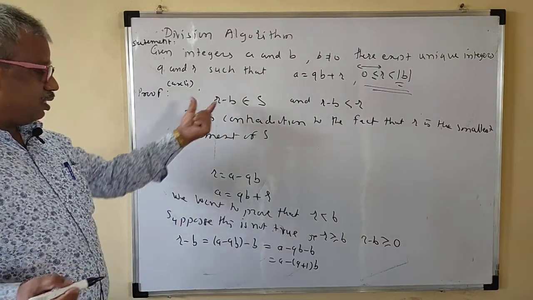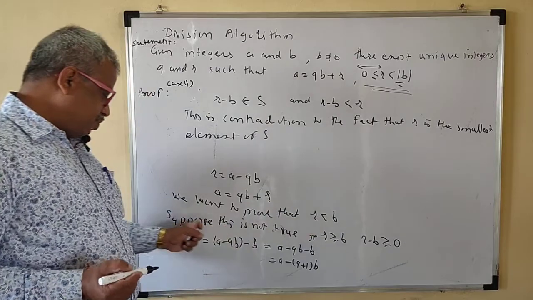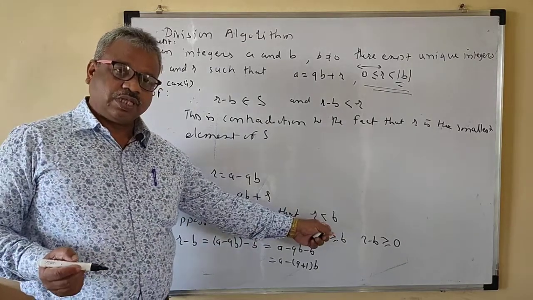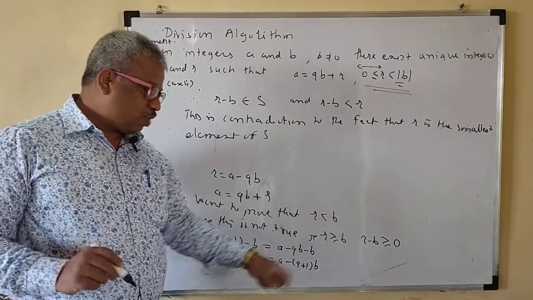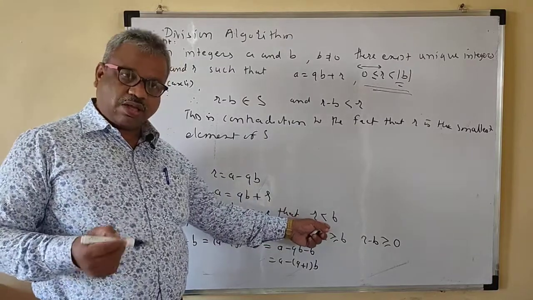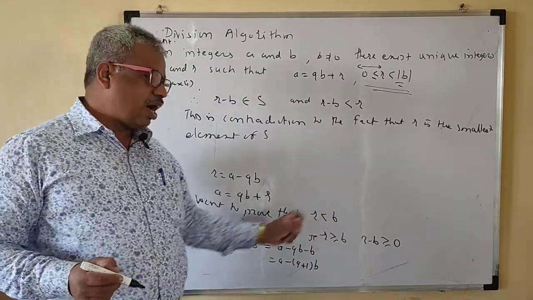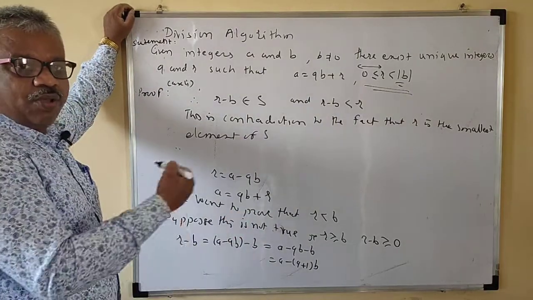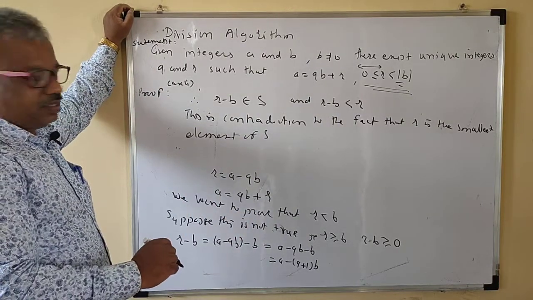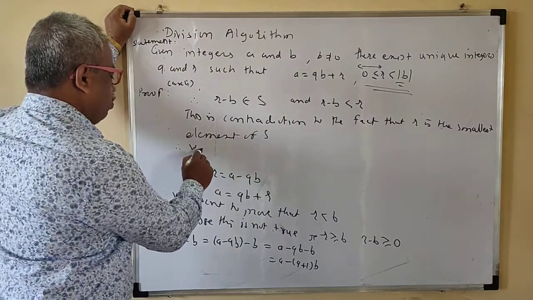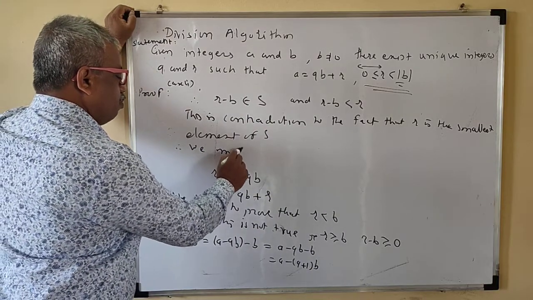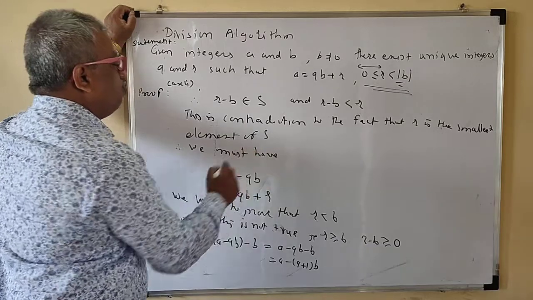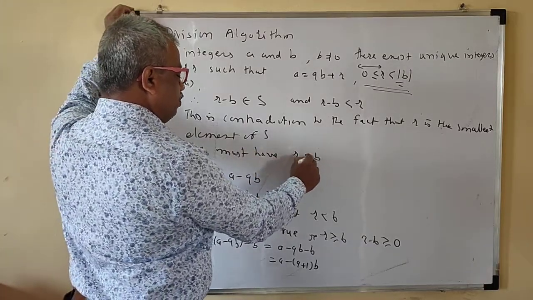Why did we get this? Because we assumed that r is not less than b. That means it is false. We have assumed wrong, therefore we get a wrong answer. So we must have r less than b.